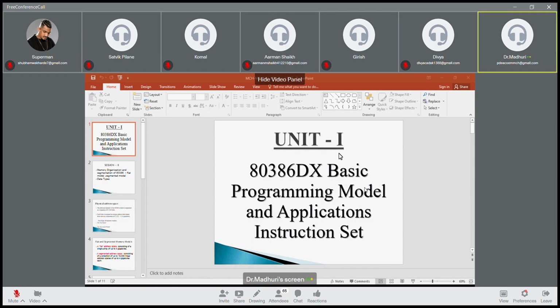In this architecture, it has basically 3 blocks. First is the memory management unit, second is the bus interface unit, and it has the CPU, that is the central processing unit.